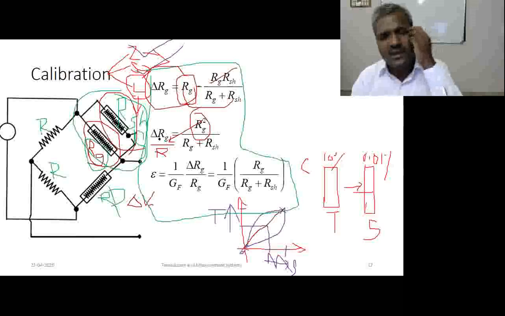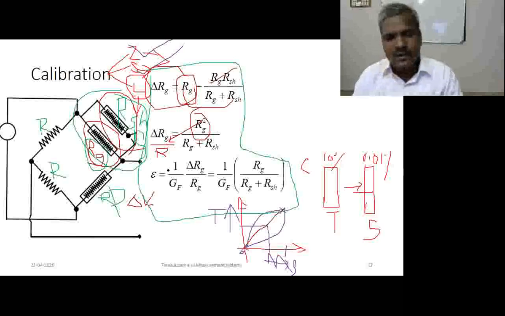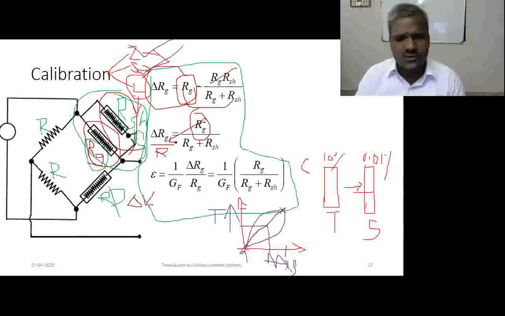What is del R by R? Del R by R is nothing but the gauge factor into epsilon, which we already discussed: del Rg by Rg equals gauge factor into strain. From this expression, what is strain?